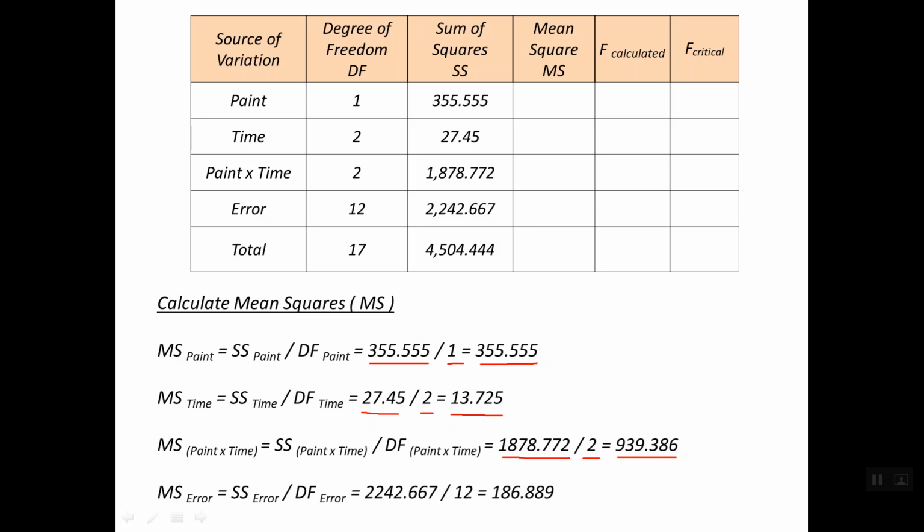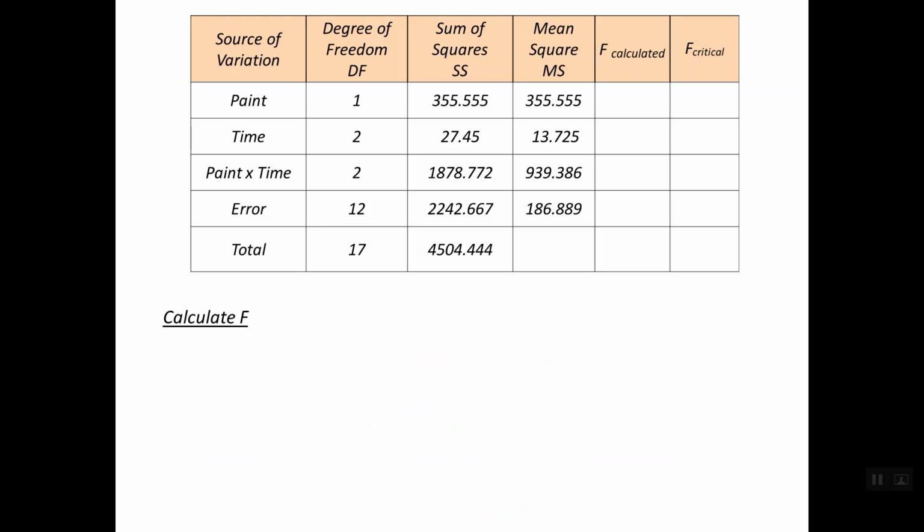Regarding the error, this is the value of the SS for the error, and we have 12 degrees of freedom for the error, and this is the MS for the error. So we can now fill in the mean square cells in the two-way ANOVA, same as what we have here.